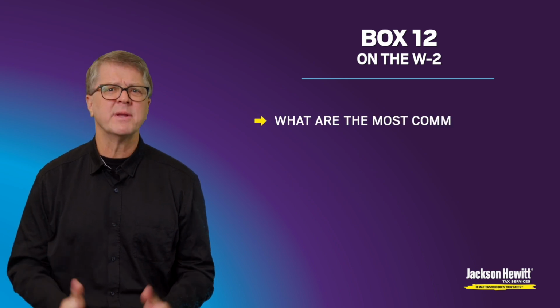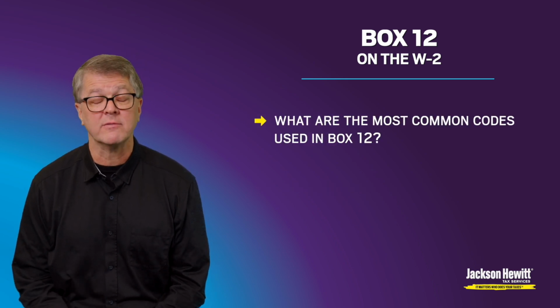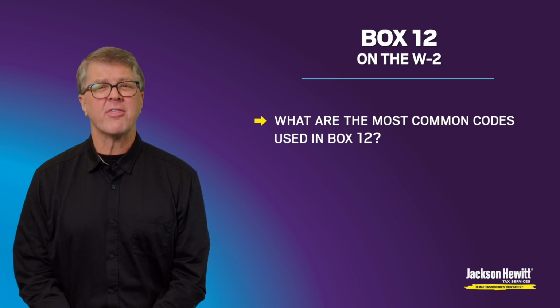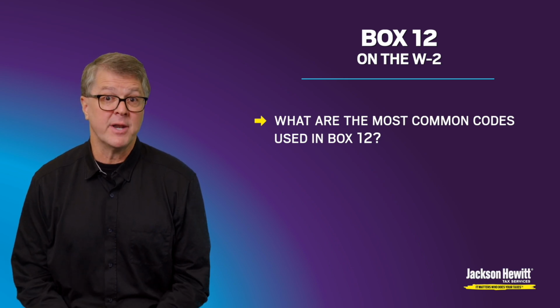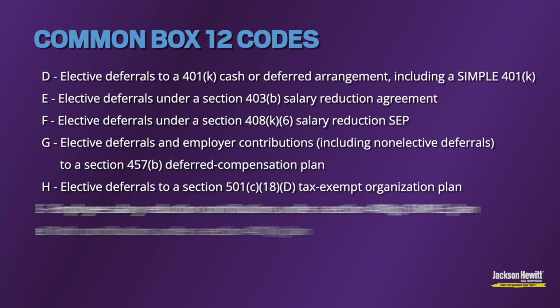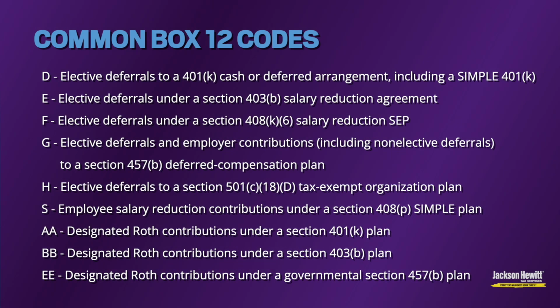What are the most common codes used for Box 12? Well, there are nearly 30 codes that can be put into Box 12 on the W-2 form. The most common ones are D, represents 401k contributions and are elective deferrals to a 401k cash or deferred arrangement, including simple 401ks.